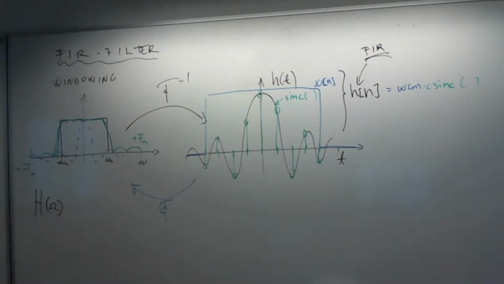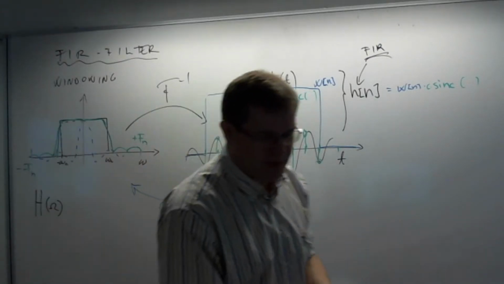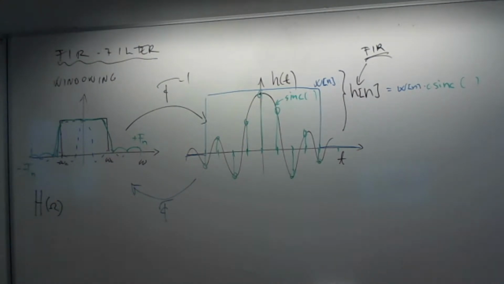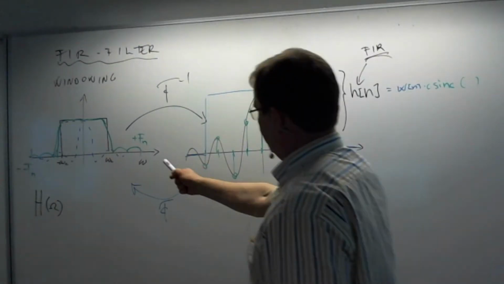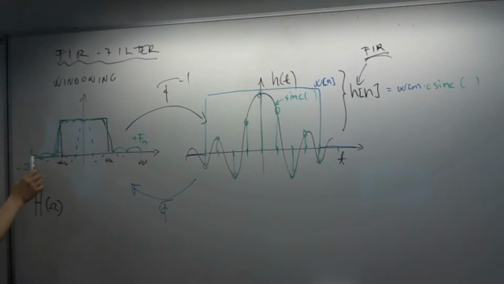Okay. So that means when you are doing this boxing in time space, you are at the same time producing some non-zero attenuation or non-zero pass bands in the stop band region. So this is supposed to be no pass here.